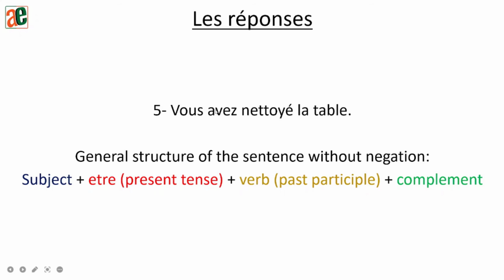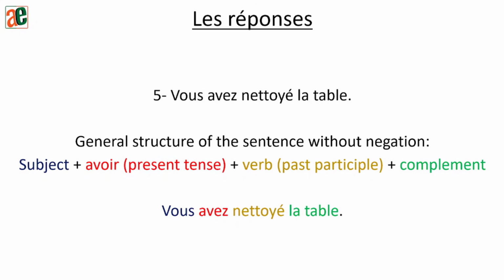Because passé composé can be conjugated with auxiliary être and avoir. Okay. So general structure without the negation, and let's see the different parts. So, vous is the subject, then avez is the verb avoir present tense, then the verb past participle is nettoyé, and then the complement.